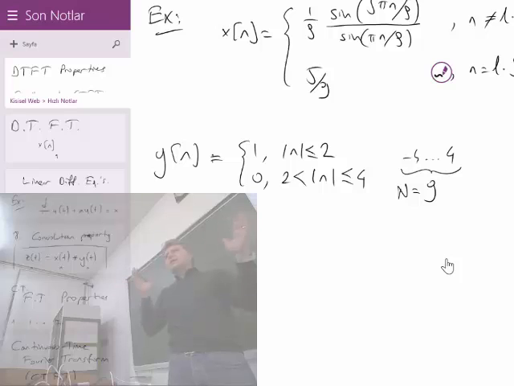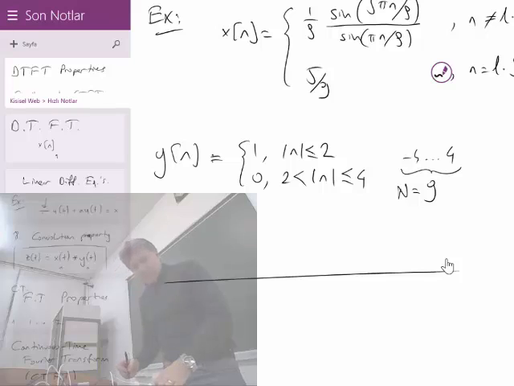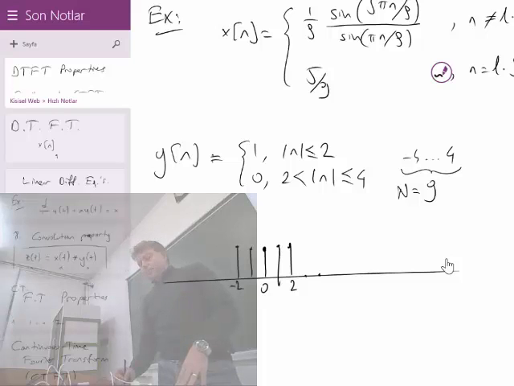So it's a rectangular box shape of length 5, and it is repeating itself with a period of 9. If you're curious, you may just plot it if you wish. It is like this: at 0, 1 and 2 it is ones, and from minus 2 to 2, therefore it is ones, and then 3 and 4 is zeros.